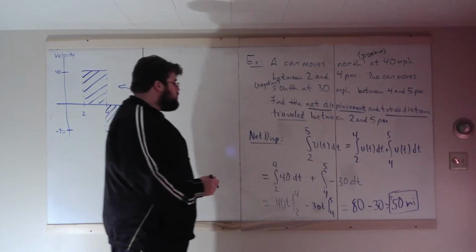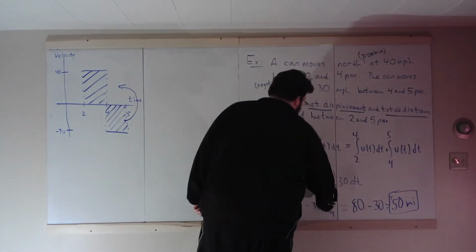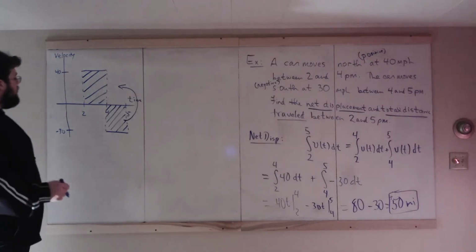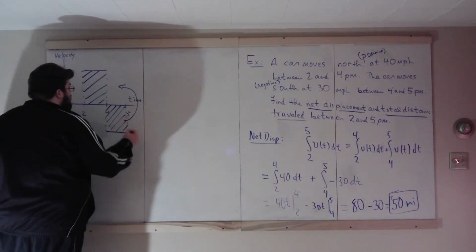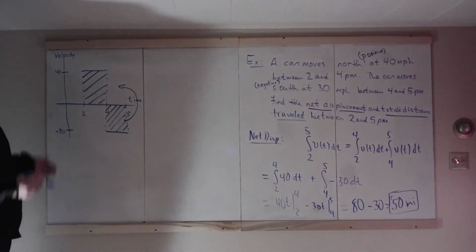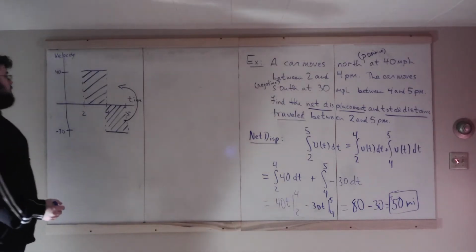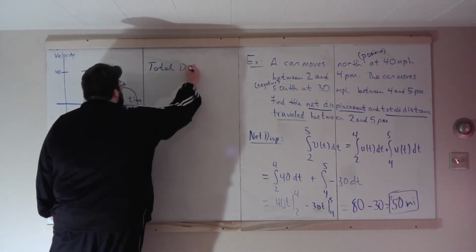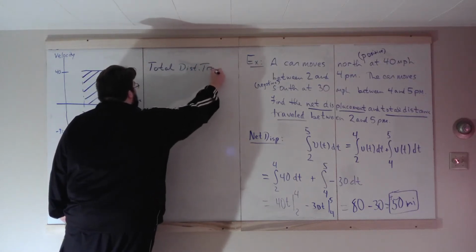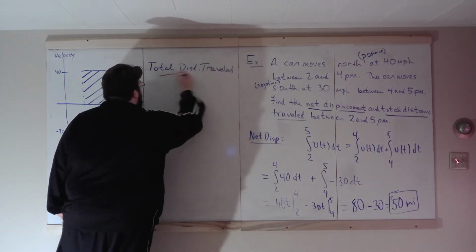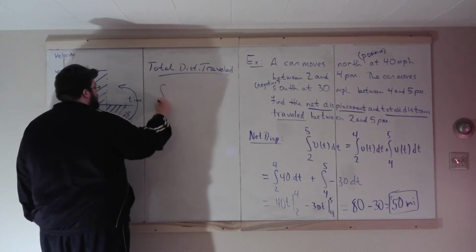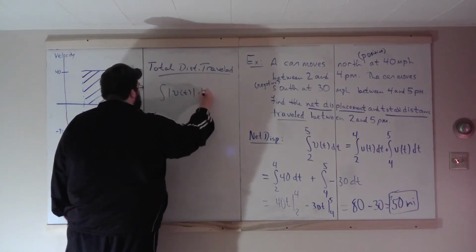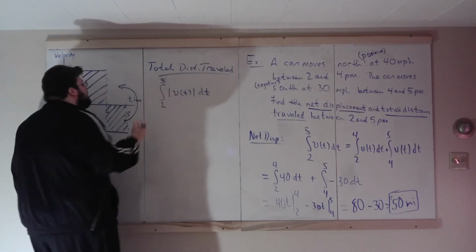In this function, that would correspond to turning that 30 into a positive. But in general, what we're doing here, when we want to take things below the x-axis and move them up, is we are taking an absolute value. So to do the total distance traveled, we would take the integral of the absolute value of the velocity function from 2 to 5.